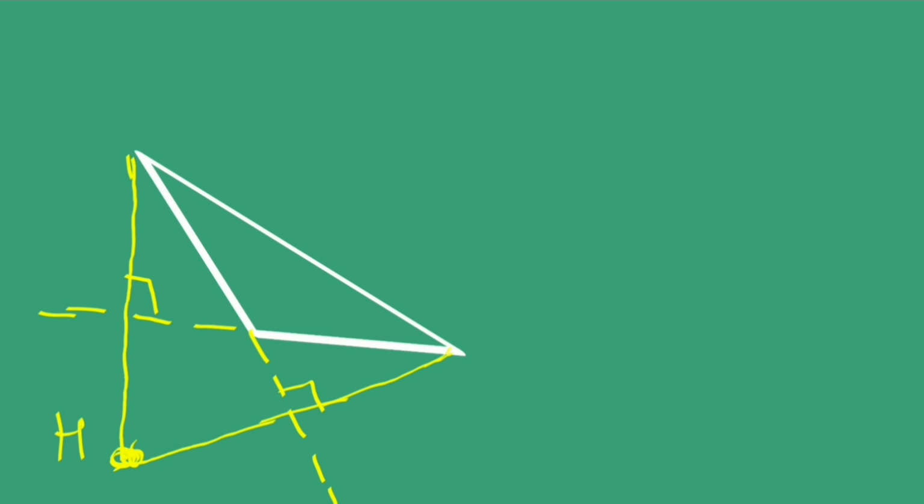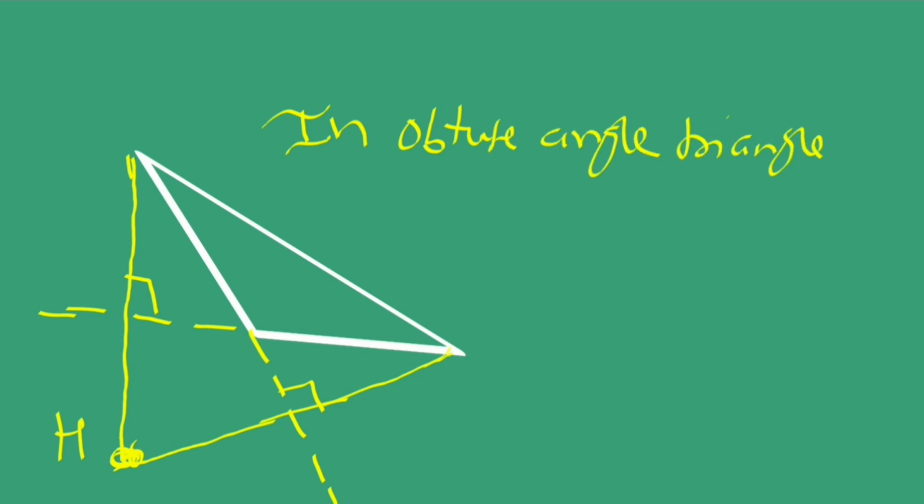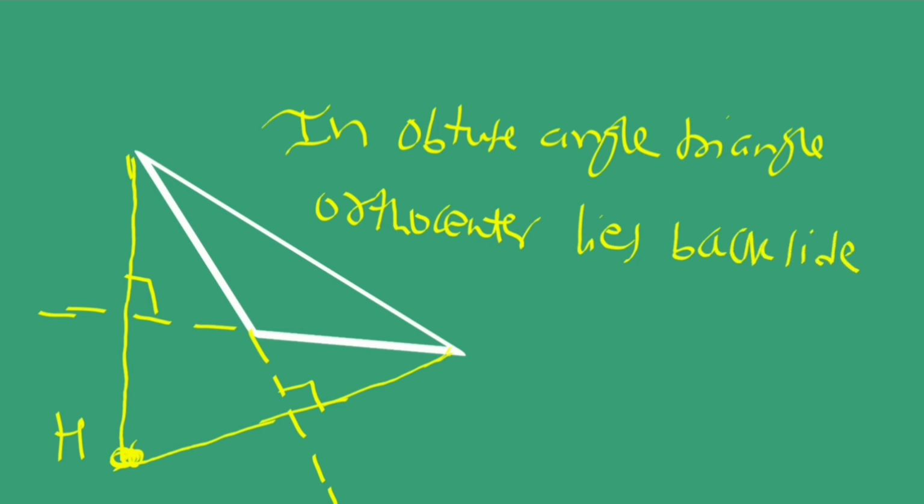So write down this statement: in an obtuse angle triangle, the orthocenter lies on the backside of the triangle. Okay. Remember this point also, a very, very important point.